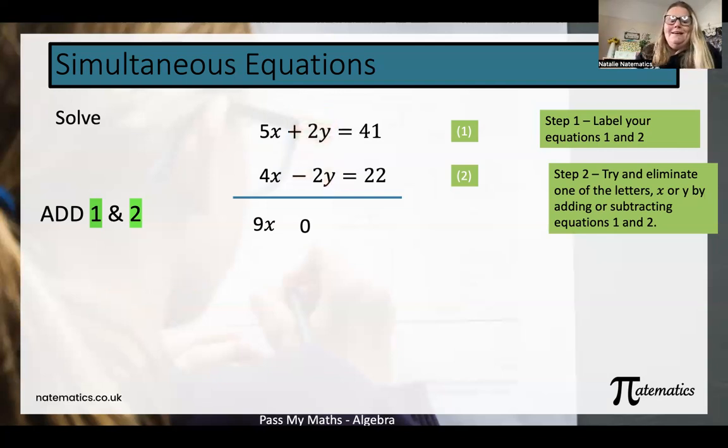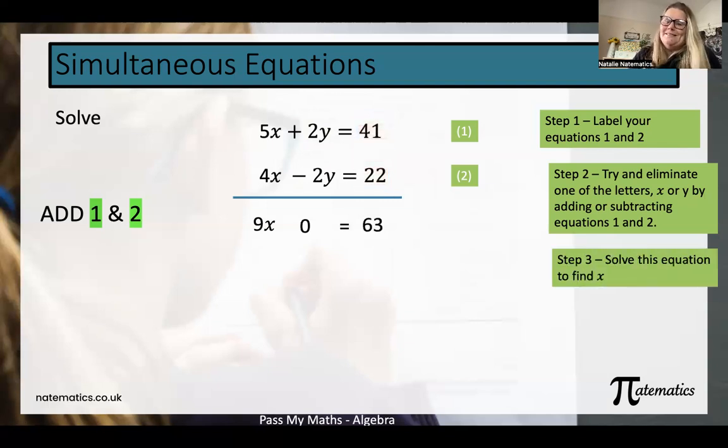Then we've got our equal sign, and we add the numbers after the equal sign on both sides. That's 63. So in total we've got 9x equals 63. Now we've got one thing, haven't we? We're using the fact that we can trade off these equations with each other to be left with an equation with one thing we don't know, which is the x in this case.